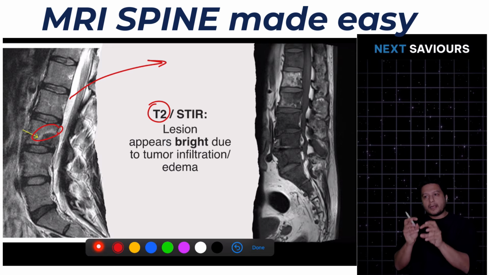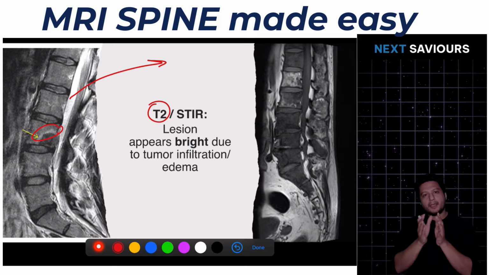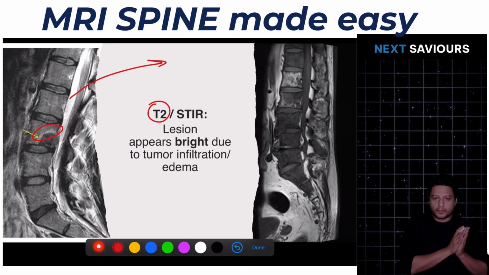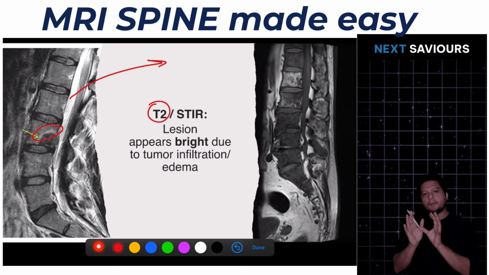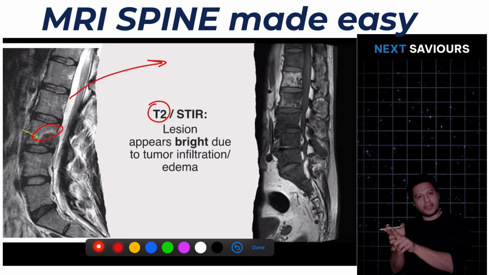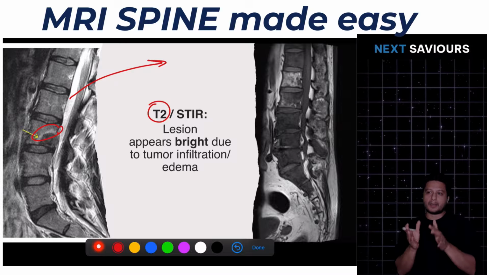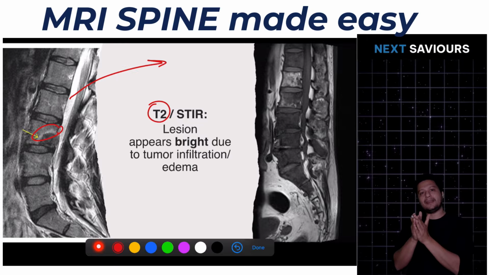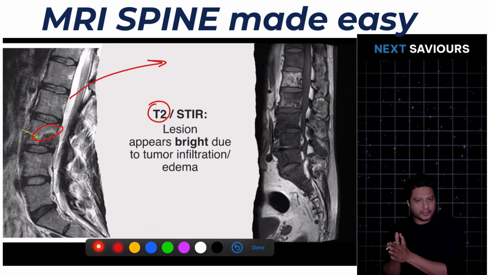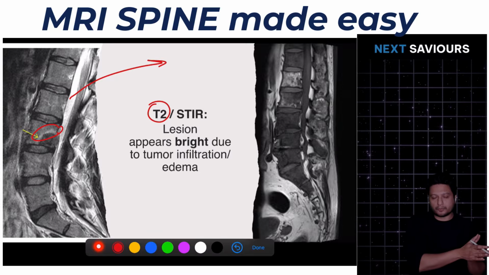So if you see white tissue in the vertebral body, then it could be either because of the fat or because of the tumor. So there has to be something which can suppress the fat. So if it is appearing white because of edema, then it will be a tumor. But if it is not appearing white after fat suppression, then it would be because of the degenerative changes, not primarily because of the tumor.